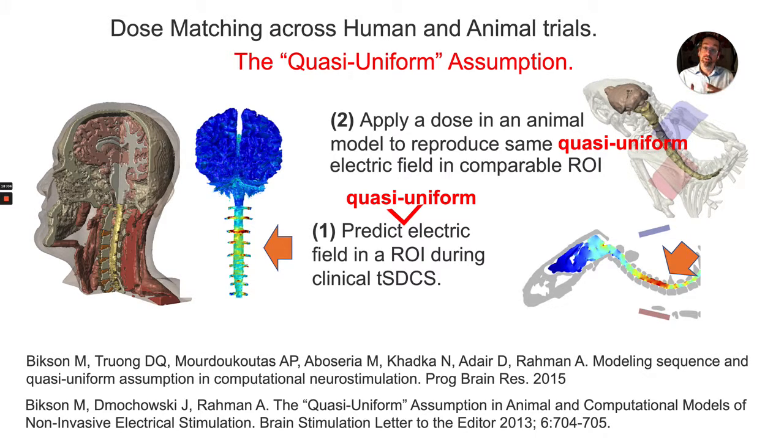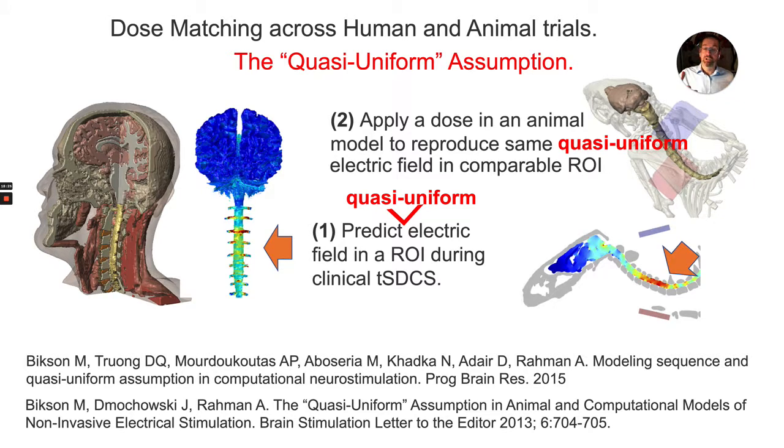We now run the simulation in the animal, and we once again assume that even though the electric field may not truly be uniform across the comparable region of interest in the animal, it's quasi-uniform. And so we're taking one electric field and matching the electric field again under this notion.